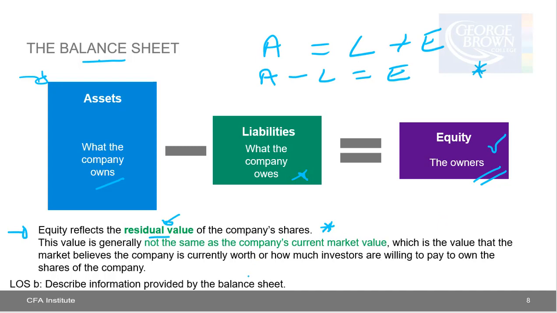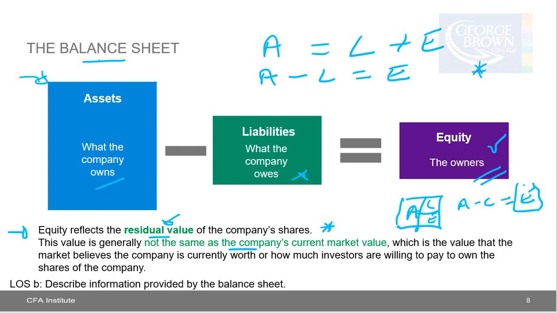that residual value belongs to the owners. So this value is generally not the same as the company's current market value, which is the value that the market believes the company is worth, or how much investors are willing to pay to own the shares of the company. Okay, so again, just a very quick thing. We're looking at assets equals liabilities plus equity. So assets minus liabilities equals equity.